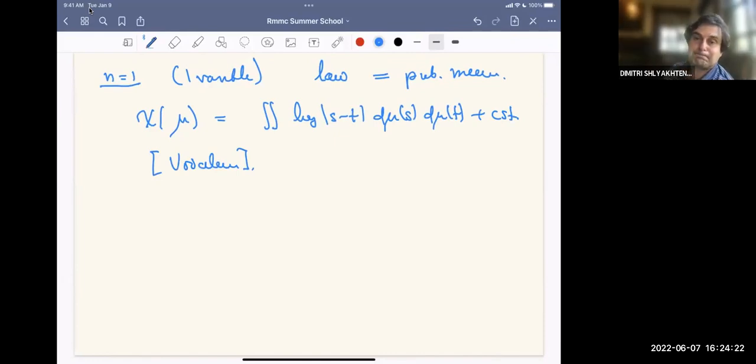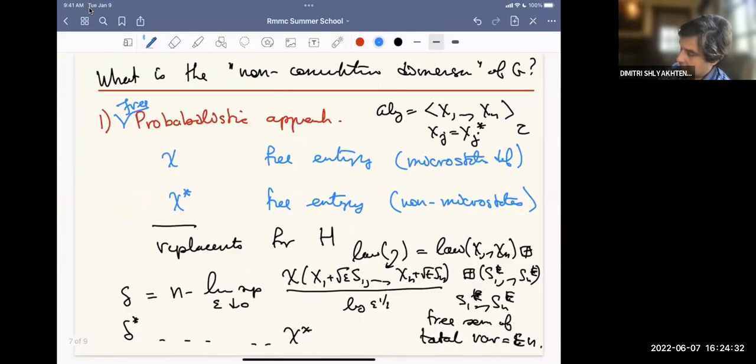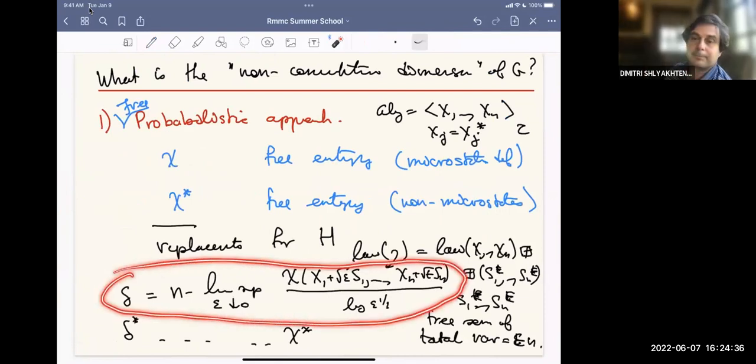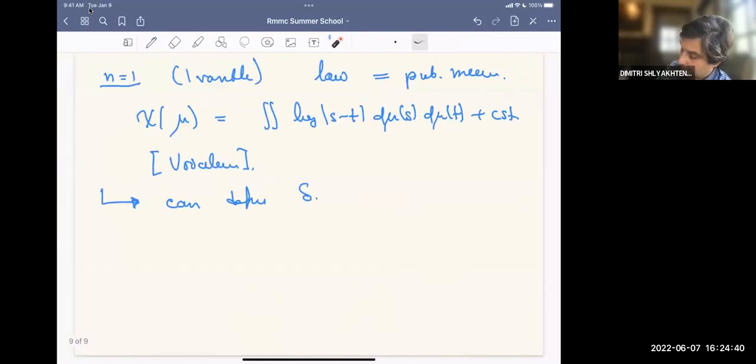Okay. Now, using this, you can define delta by the formula that I already wrote, right? It will be this limit here. And again, let me not tell you much more than in the case that n equals 1.